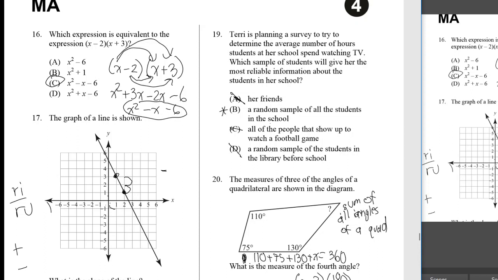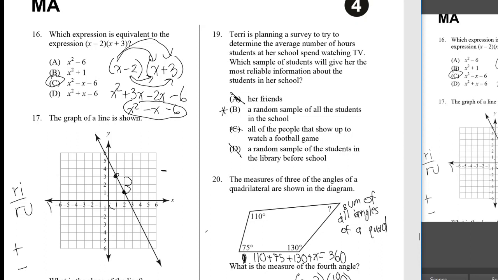Okay, so now what I'm going to do is add all of this together and solve for x. So if I have 110 plus 75 plus 130, if I add this together, I think I should get 315. Check my math.